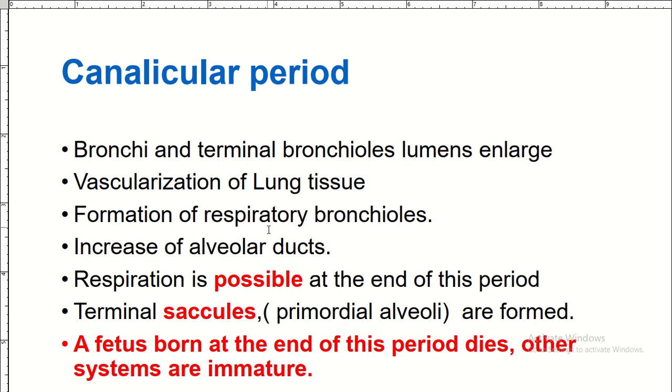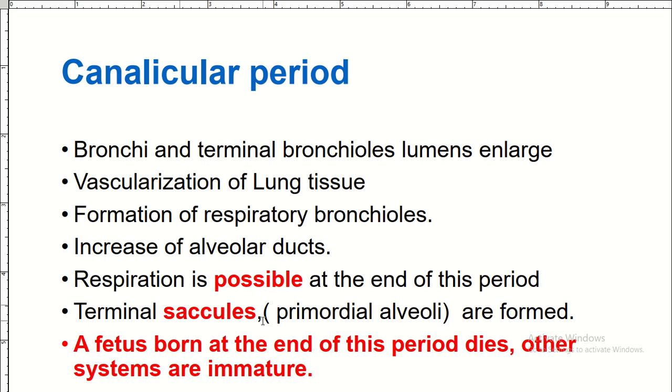So now we have the formation of the respiratory bronchi. Like I said, there is now an increase of alveolar ducts, right? Respiration is possible at the end of this period. So this period is from the 16th week to the 26th week. That is your canalicular period, right?